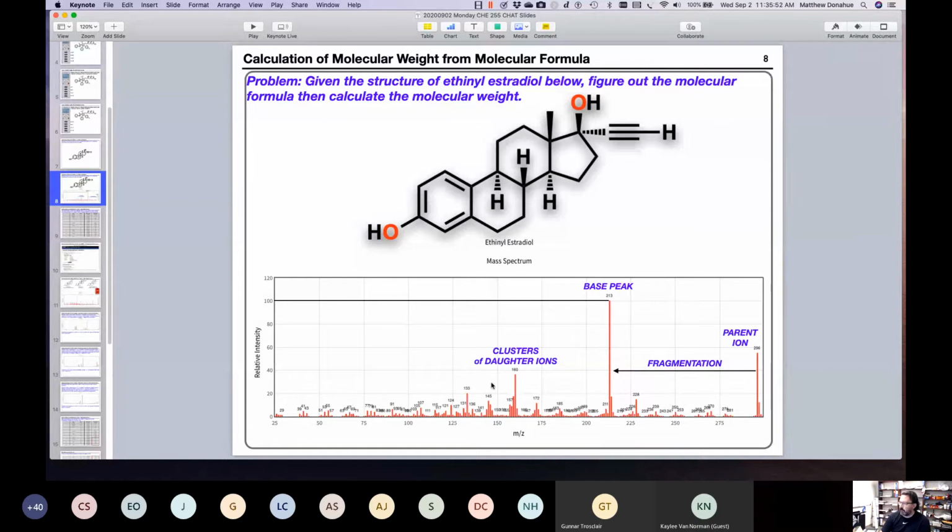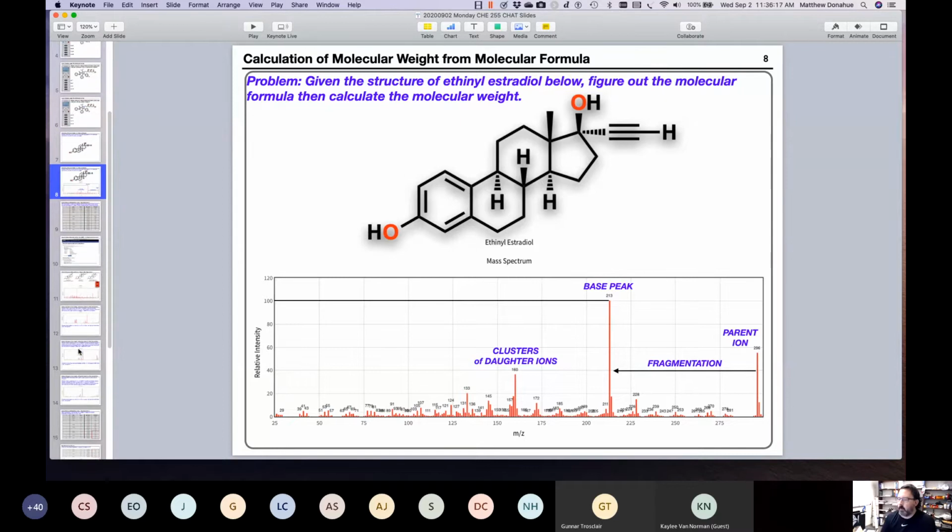See this cluster here? This is a cluster, this is a cluster. So it's sort of like a fingerprint for that molecule. And if you're interested in forensic toxicology, mass spectrometry is very important for that purpose because it allows substances to be identified in a very specific fashion.